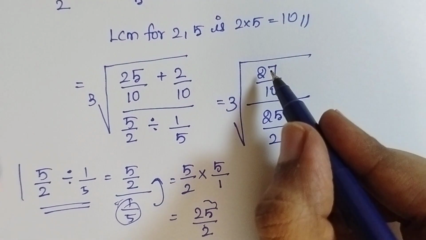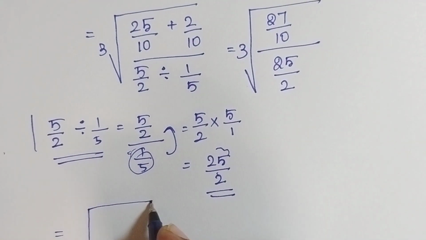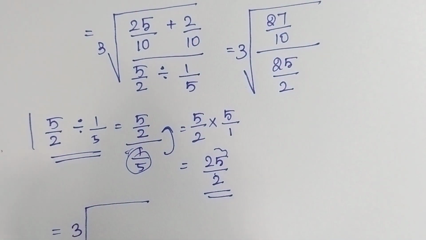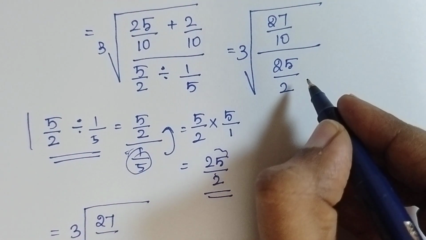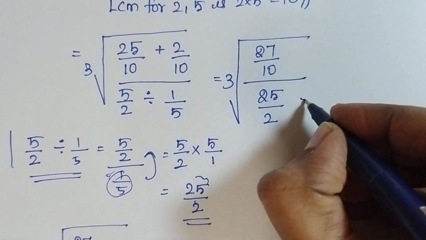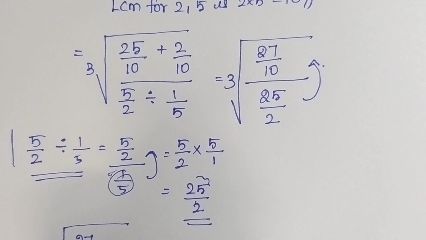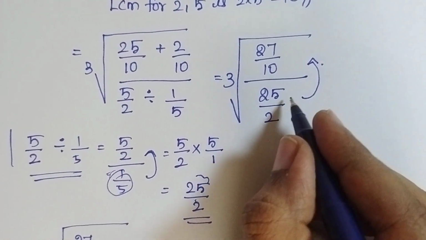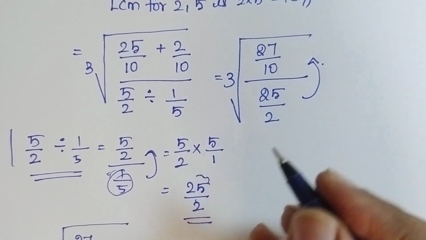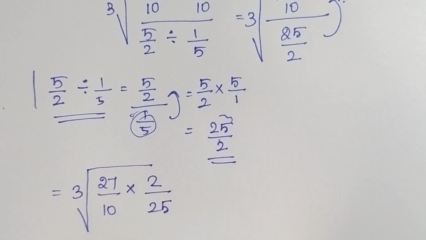So now this will be equal to, I am going to write this cube root as it is, and 27 by 10. In order to make this denominator term a multiplication, I need to take the reciprocal, similar to what we did here. So into the reciprocal, the 2 will come in the numerator and 25 in the denominator, so 2 by 25.